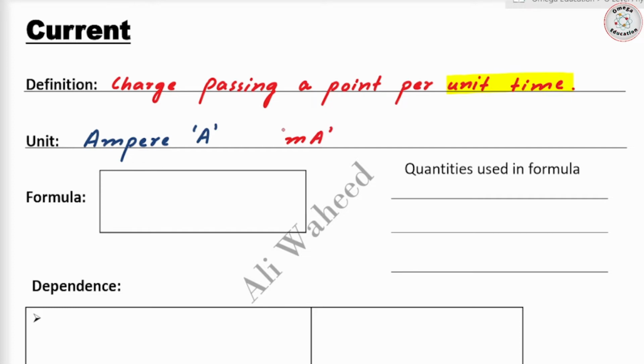Once again, the unit is the same. The unit is ampere. Milliampere is not a different unit. It's just a different representation of the same unit, amperes. Milli is the prefix, and 1 ampere, which is quite a large amount of current, equals 1000 milliamperes.